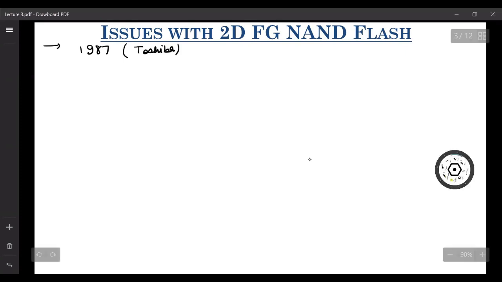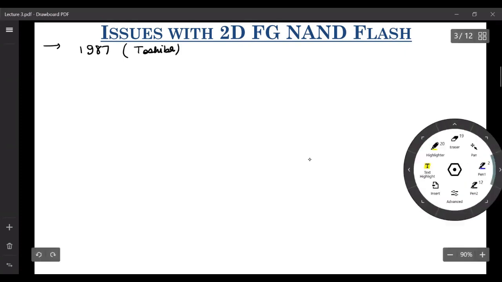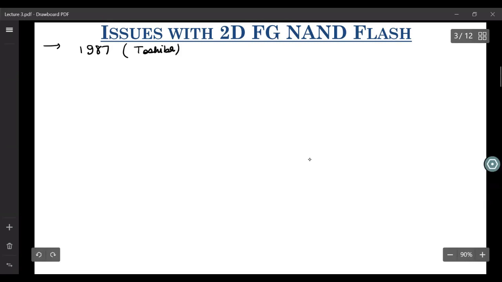So let us first discuss the effective size of these flash memory cells, which is not the same as the physical size.